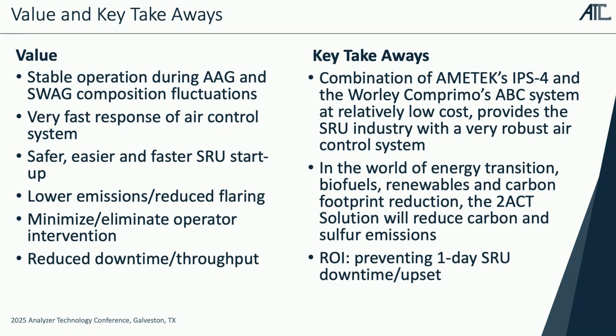It reduces, therefore, the downtime due to unplanned shutdowns, or in case of plants that were restricted by these fluctuations in feed in using their maximum throughput capability, actually frees up capacity to produce more acid gas.